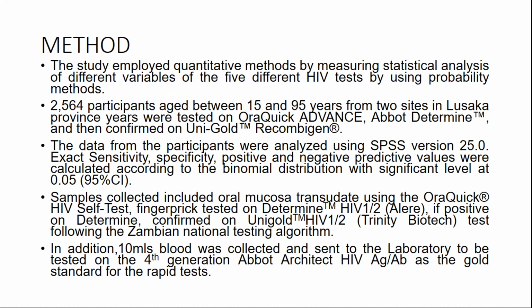So in addition to these tests, 10 mils of blood was collected in the laboratory to be tested on the 4th-generation Abbott HIV antibody and antigen test as the gold standard for the rapid tests. So these 3 rapid tests were compared to this 4th-generation Abbott Architect HIV test.